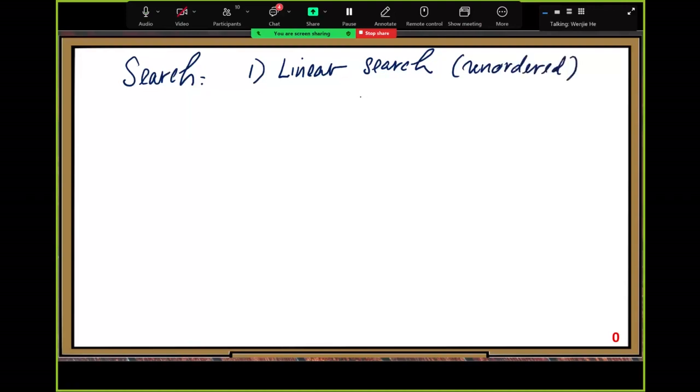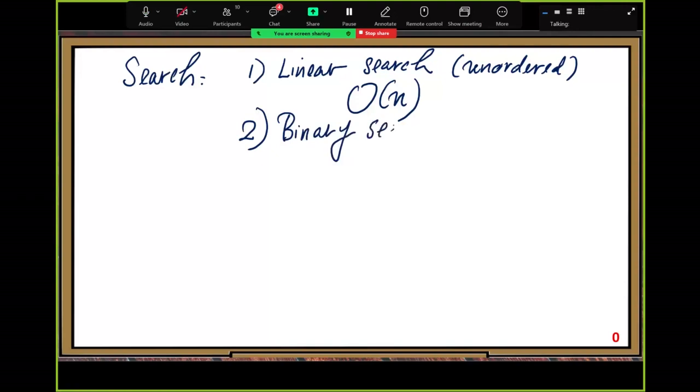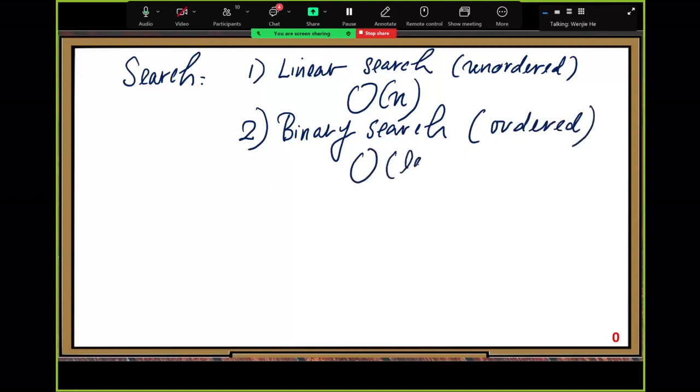If we use the big O notation, that's big O of n for the efficiency. Then the binary search works on an ordered array, and is much faster, big O of log n.